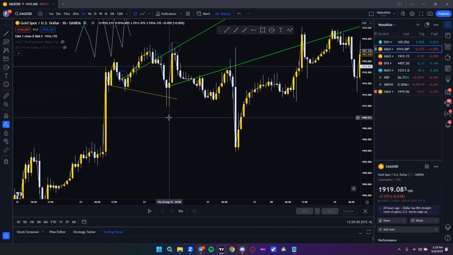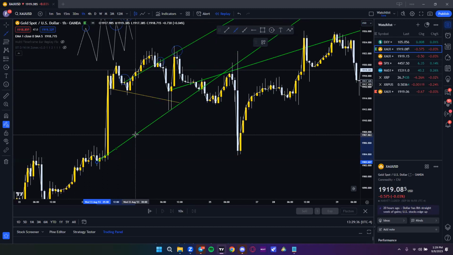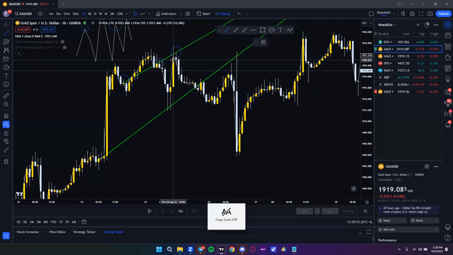There should be another one because this is a lot of drawdown. Something like this, probably. Yeah, there you go. And actually, yeah, that's the one because it's lining up nicely with your decision level.